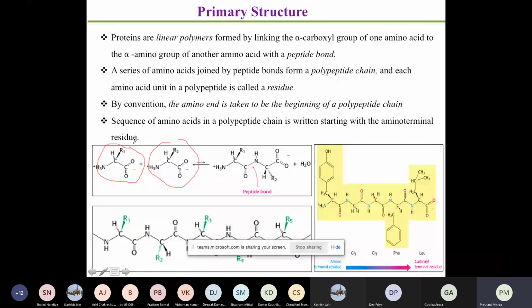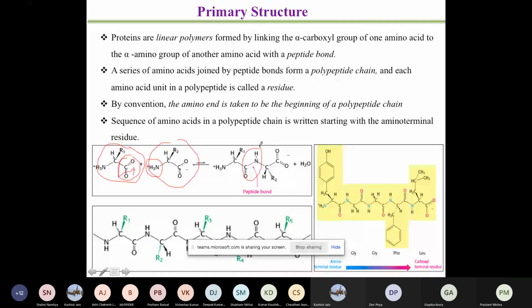How will the interaction occur? The carboxylic group of the first amino acid will interact with the alpha amino group of another amino acid.